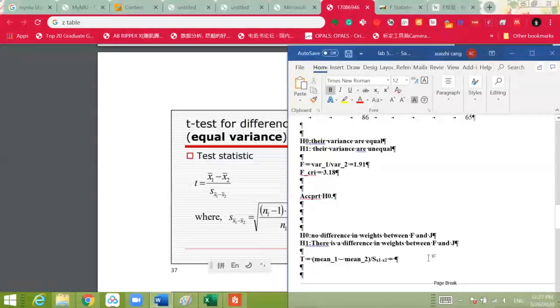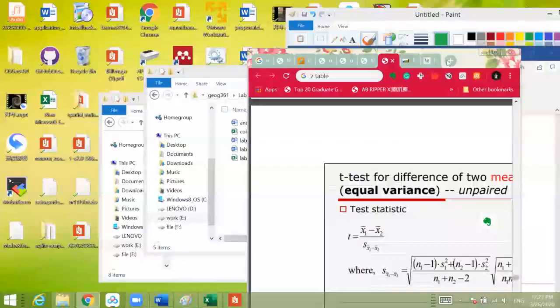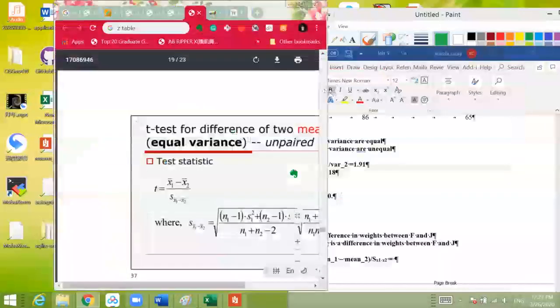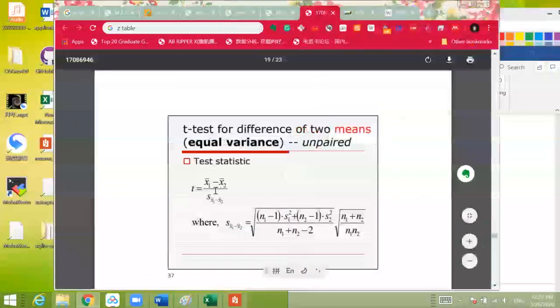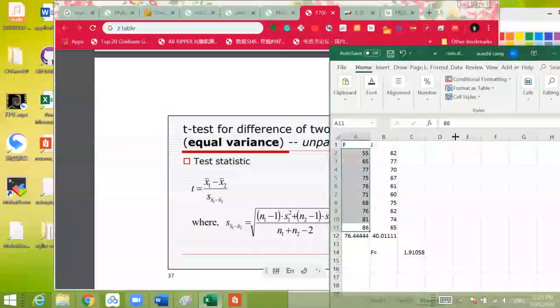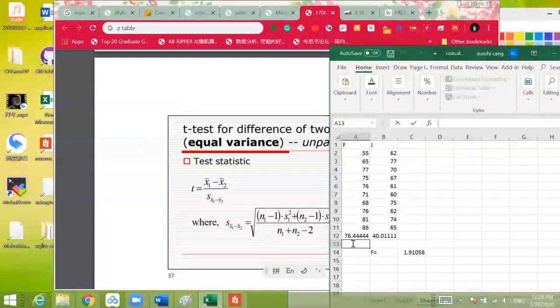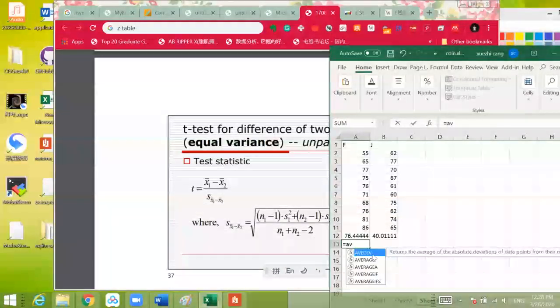To simplify, to make the calculation easier, we can also use Excel to calculate the whole thing. So what we need here is the average of these two groups and the standard deviation. So let's go back to our Excel. First, we can figure out the average value of each group.